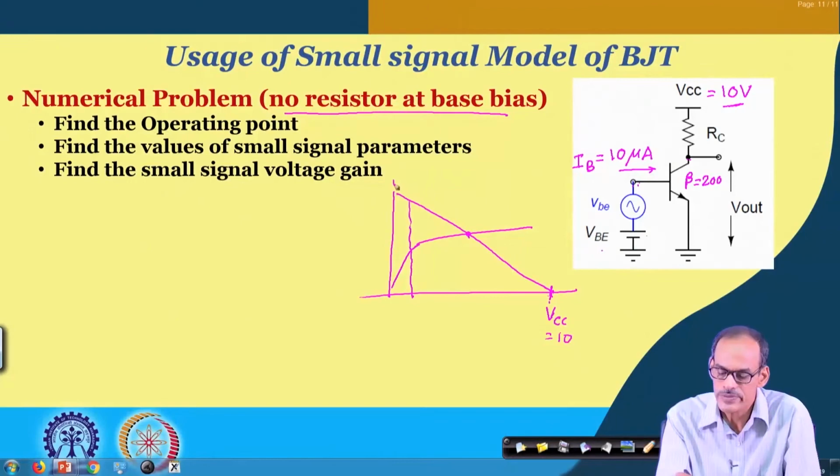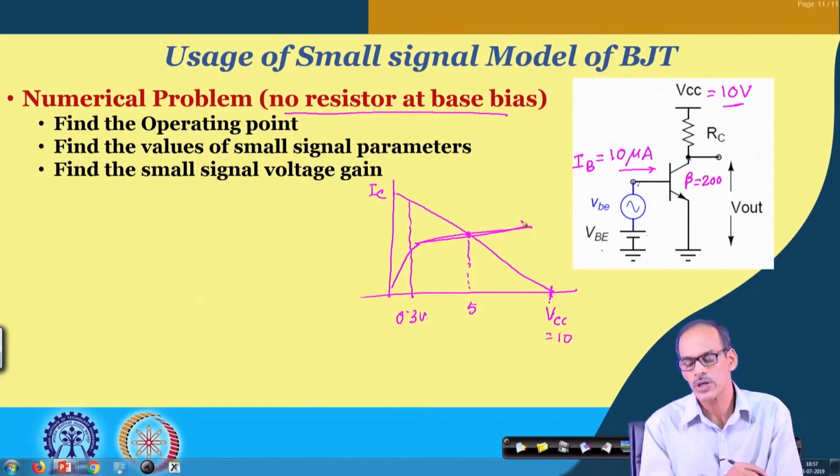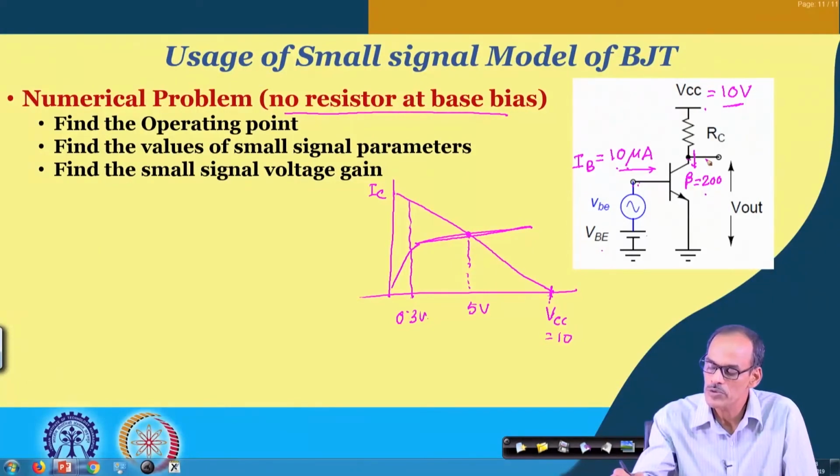This voltage is very small; you may approximate it as 0.3 volt. Even if we keep this voltage at roughly 5 volt, we have good linearity range of this output IV characteristic. With 2 milliampere of DC current flowing for this base current and beta, we may prefer roughly a 5 volt drop across this RC.